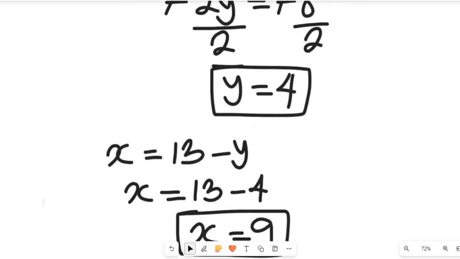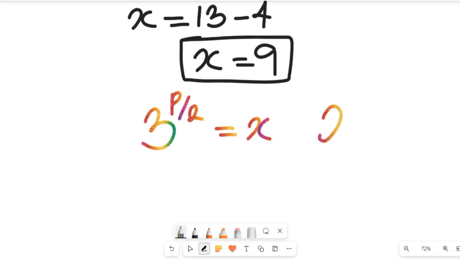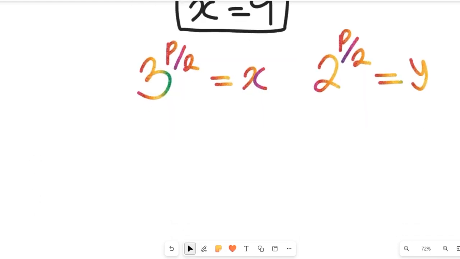Now from that expression, we have the fact that 3 to the power of p divided by 2 is equal to x, and 2 to the power of p divided by 2 is equal to y. So let's substitute the values of x and y into that expression.